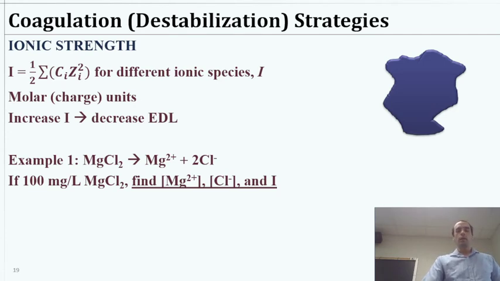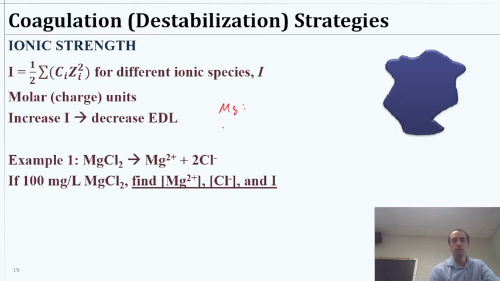So just as a quick reminder, let's do a problem here where we have magnesium chloride. It's going to dissociate to Mg2+ and 2Cl-. And if we dissolve 100 milligrams per liter of this, I'm going to ask you to find the concentration of magnesium, chloride, and the resulting ionic strength. I'll get you the atomic weights here in a moment.